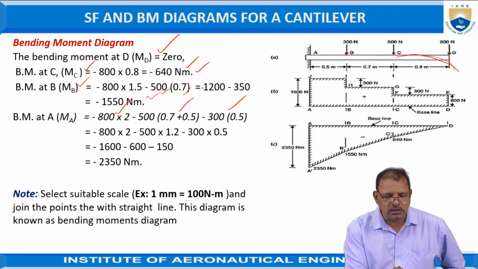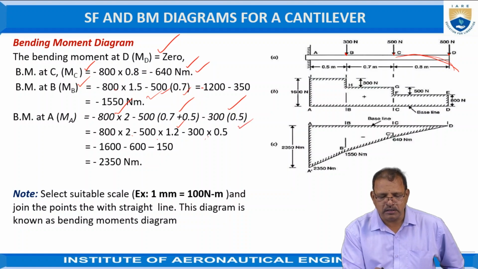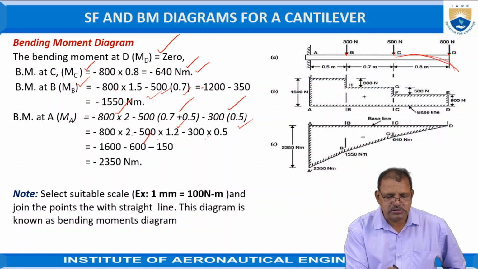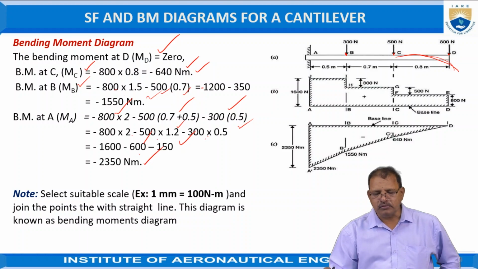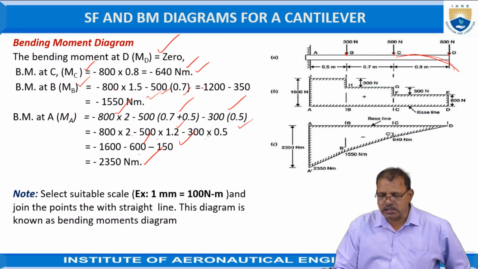Hence it is equal to minus 800 into 2, minus 500 into 1.2, minus 300 into 0.5, which is equal to minus 1600 minus 600 minus 150. The total is equal to minus 2350 newton meters. So first select a suitable scale.